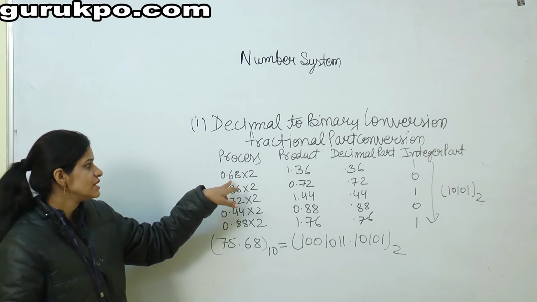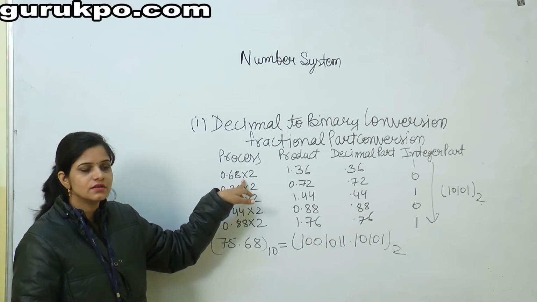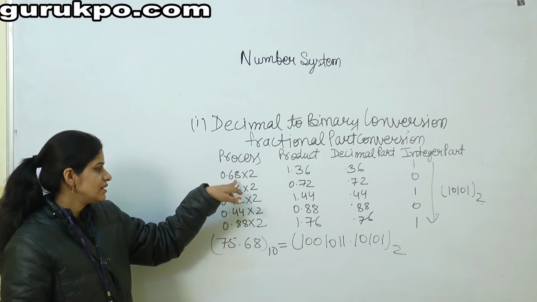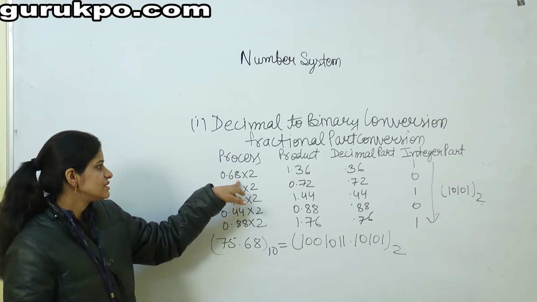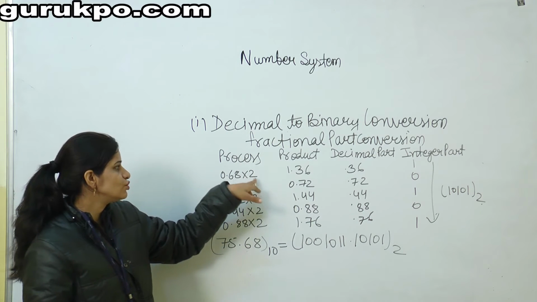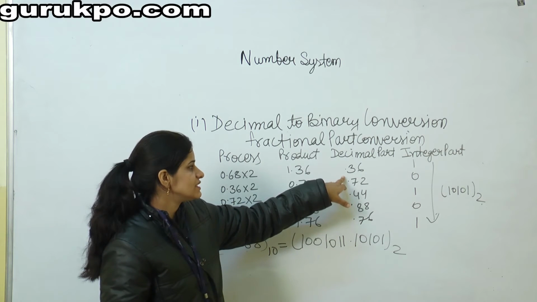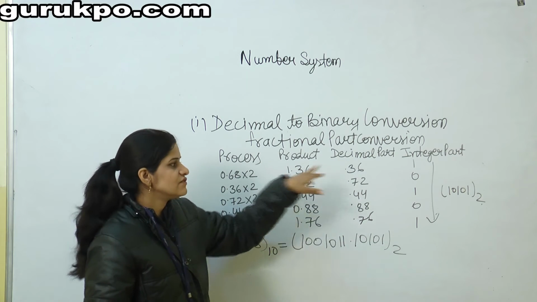Firstly, I multiply 0.68 by 2 because 2 is the base of binary numbers. So 0.68 into 2, product is 1.36, decimal part is 0.36 and integer part is 1.